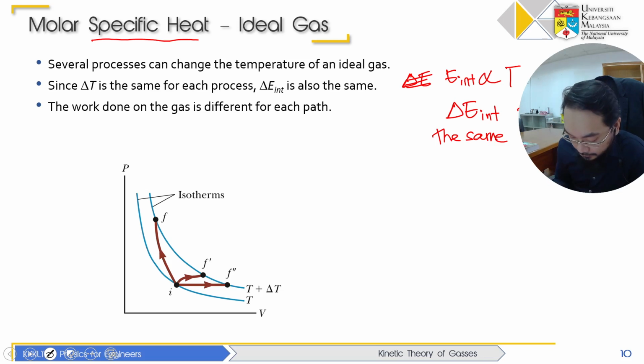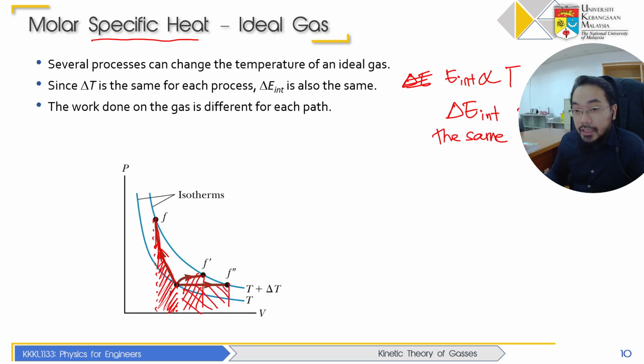For the first process, the work done is this area under the graph here. The same goes for the rest: this one is for the second, and this one is for the third. Obviously the area under each of these curves is not the same, so we know that the work done on the gas is different for each path.